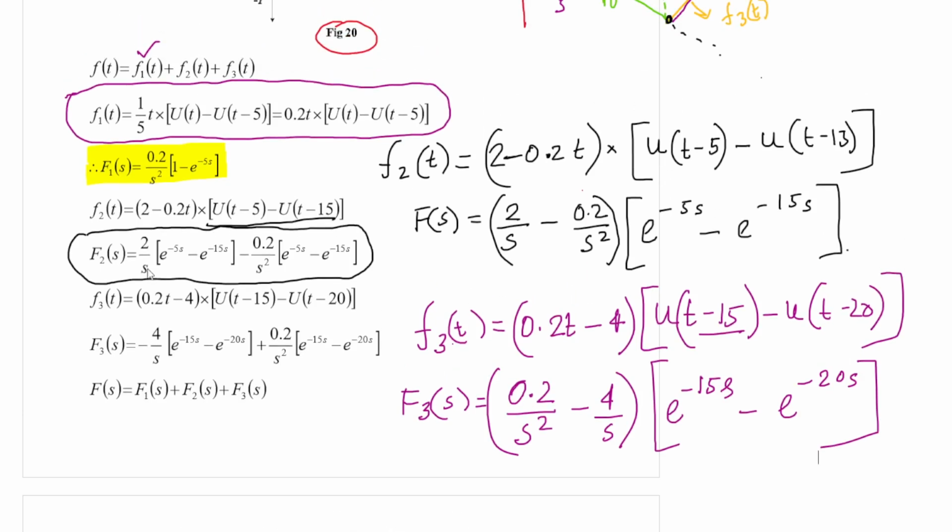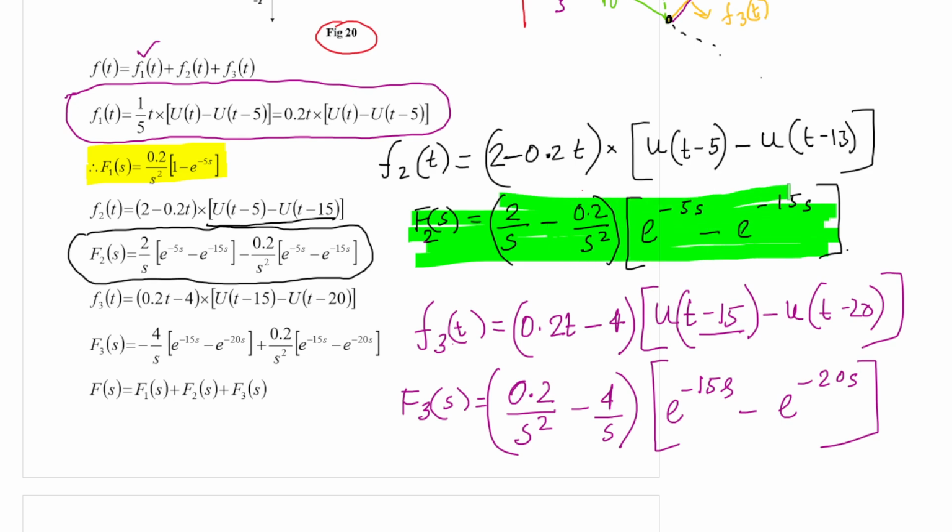So this is actually f2s, f3s and f1s. So f1s is solved, f2s is here, and f3s is also here. So if you add these three, you will get the total Laplace transform of this entire waveform.